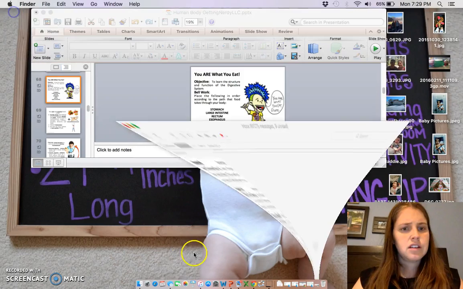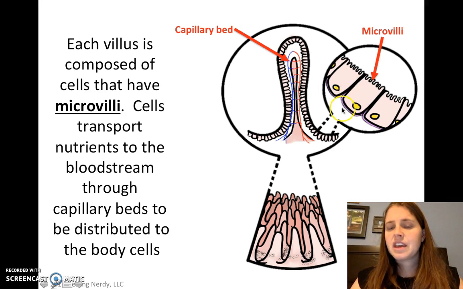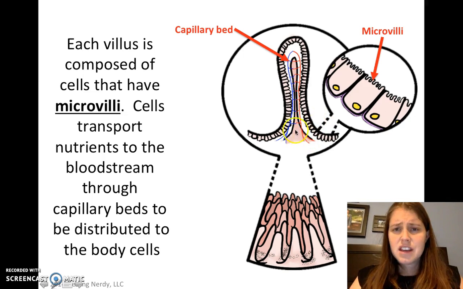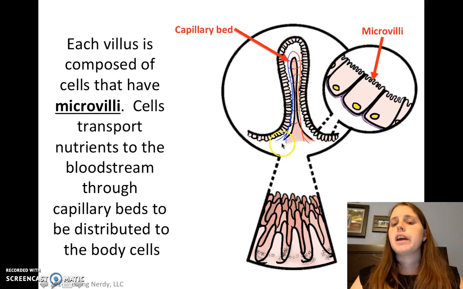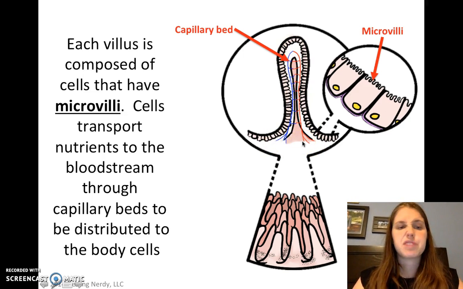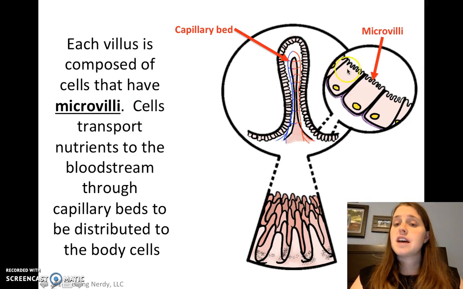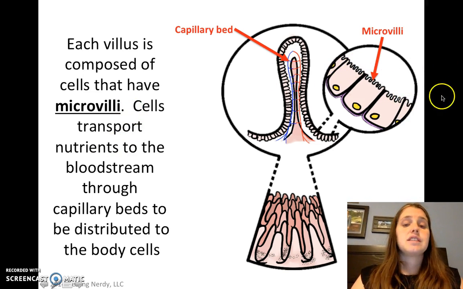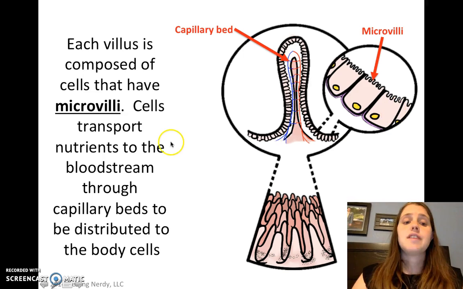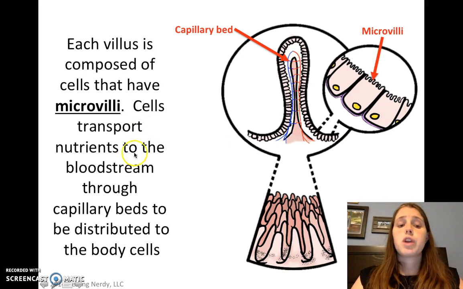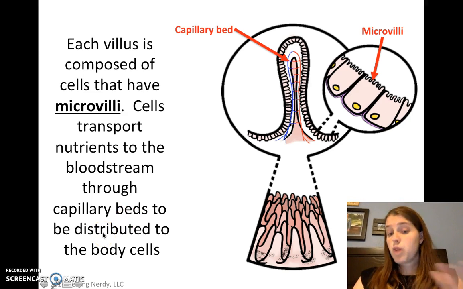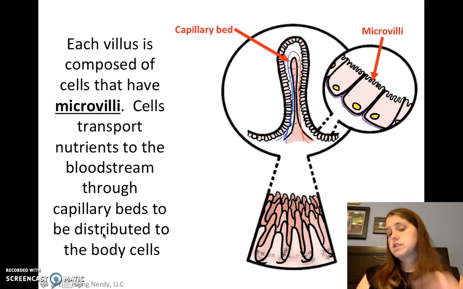These microvilli line up to these cells, and you see how I said that there were little blood vessels? Well, here's the little capillary, and that capillary is what is going to pick up the nutrients. So these microvilli on these cells are responsible for transporting the nutrients to the bloodstream, and that way they can be distributed to all the cells all over your body.